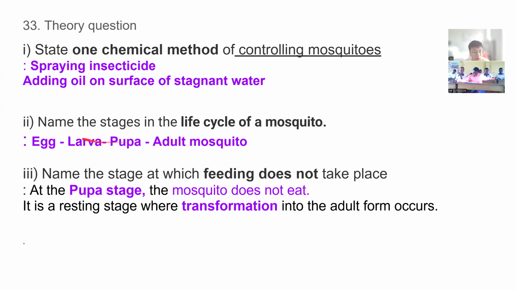We have talked about how it develops from the egg and emerges as the larva and then forms a pupa and then a new adult mosquito arises. So egg, larva, pupa, then adult.